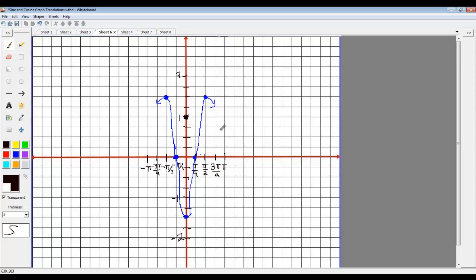And then also normally, this would have gone down, then come back up. So at 2 pi, this would have been back up to here. Pi, it would be down here. So normally it would have looked like this.